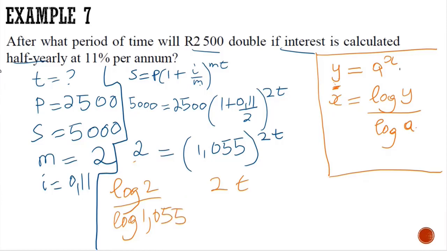This is according to this truth of the mathematicians. So you just take your calculator, first find your log and divide the quotient, this divided by this. And after everything, you divide everything by 2.